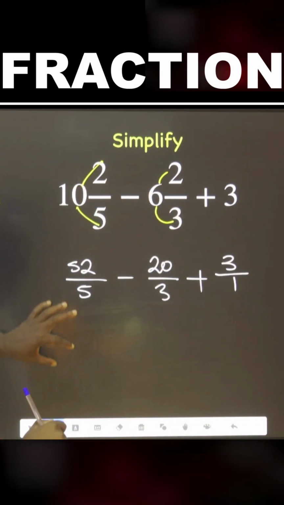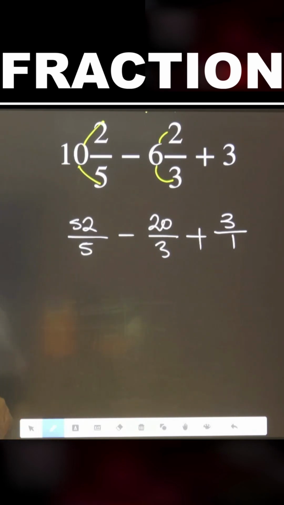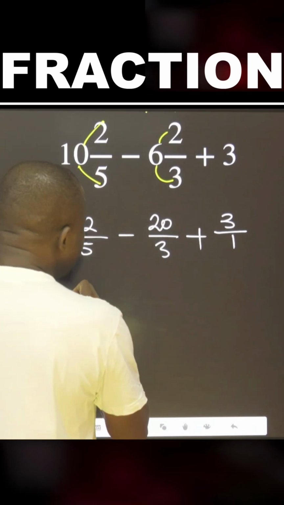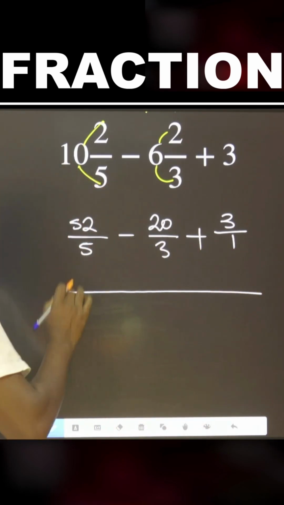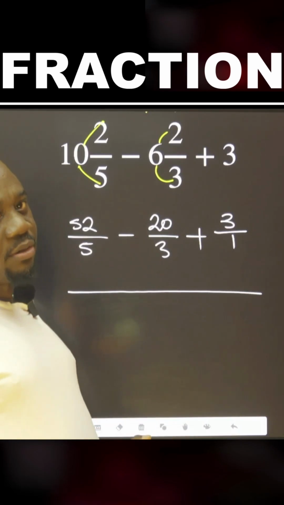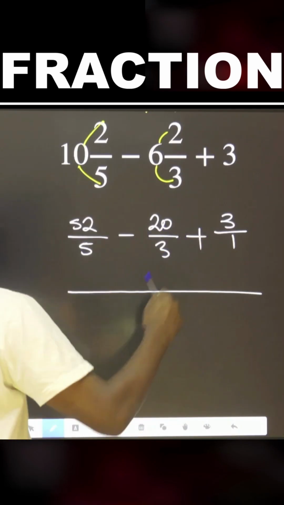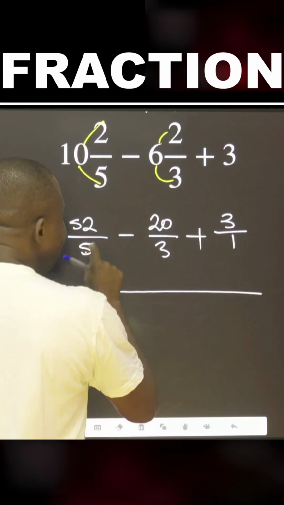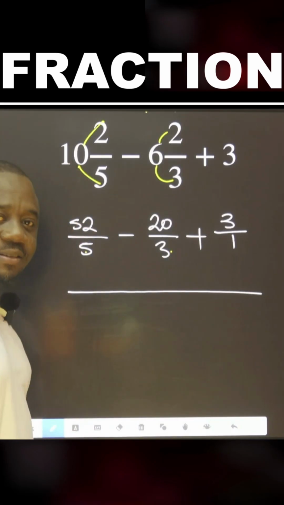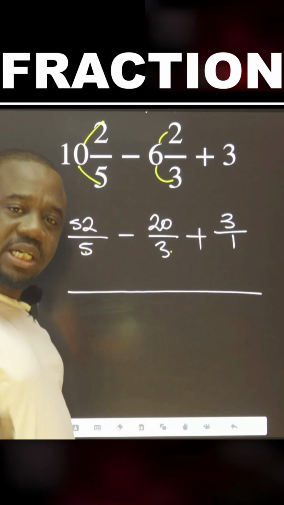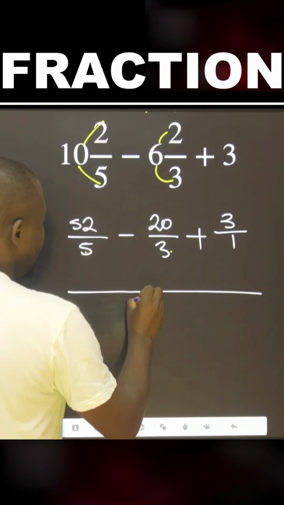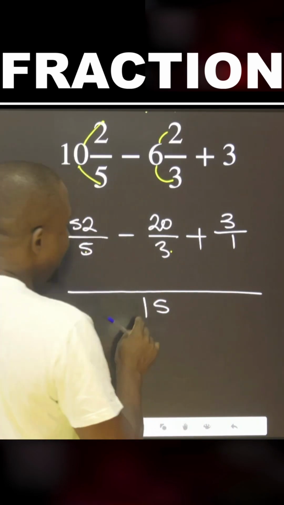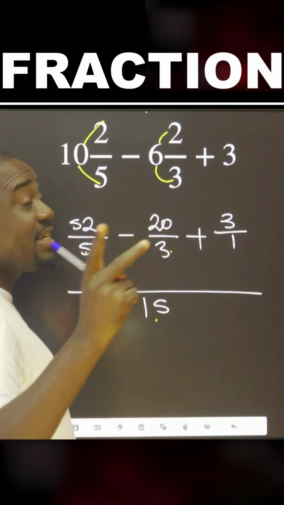After we have done this now, all we have to do is to find the LCM as per the denominator. As you can see in this place, this multiplied by this is 15. Multiplied by 1 is still 15. So we put 15 down. Now, 15 divided by 5 is 3.